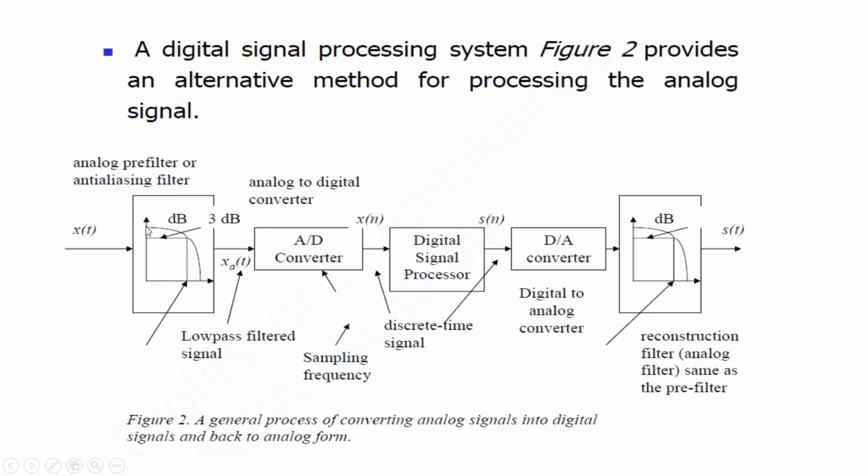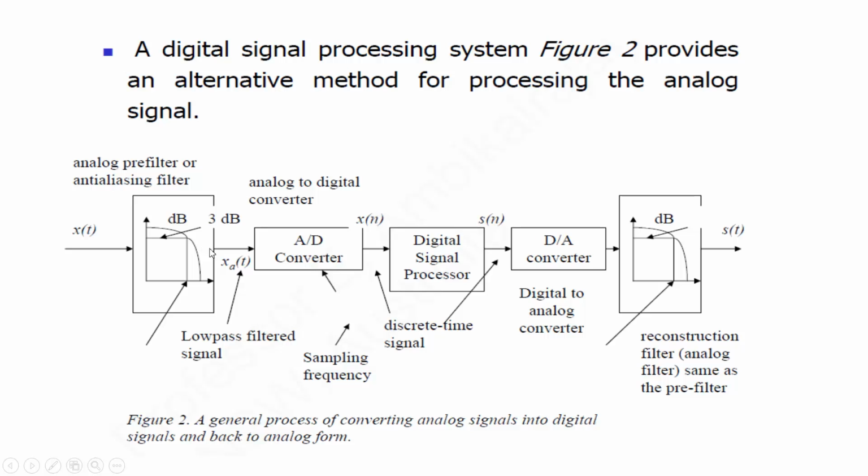Now, this filter is required here because the sampling theorem says the analog signal can be recovered from the digital signal if the sampling frequency is at least twice the maximum frequency component in the analog signal. To band limit the analog signal, we need to put here an anti-aliasing filter so that the maximum frequency component in the analog signal can be limited. It's a low pass filter basically.